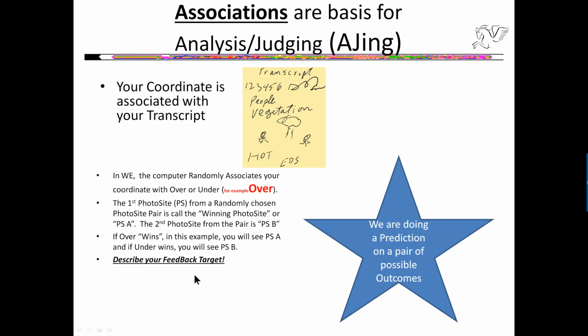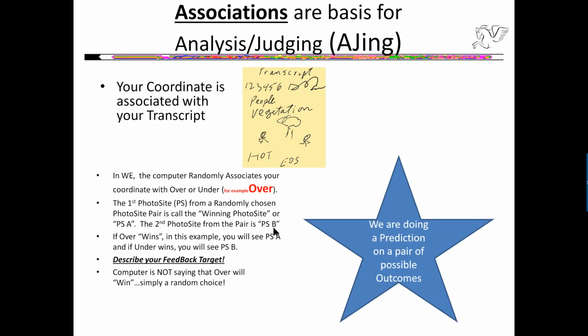You as a viewer don't have to know any of this. All you do is describe your feedback target. The judge is the one who makes that decision. And that's why there are a pair of possible outcomes. There are two targets because there's two pair. So let's go a little bit further. The computer is not saying over will win.